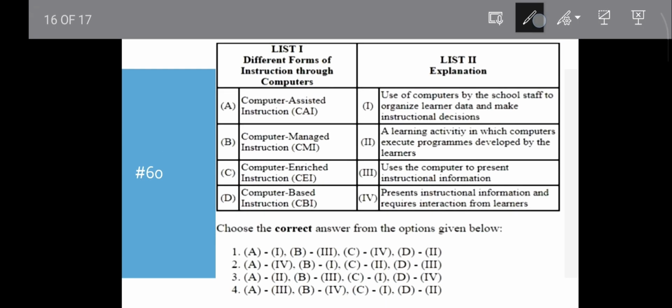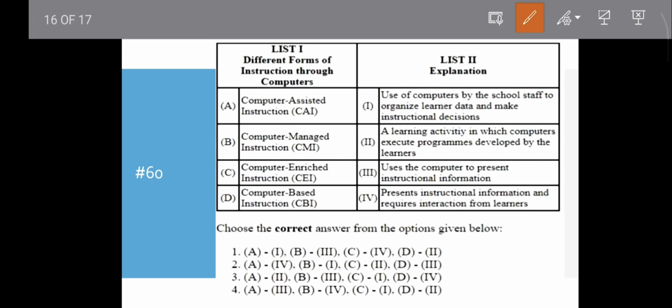Then question number 16, the last question of this 4-part video. Computer assisted instruction, CAI, computer managed instruction, computer enriched instruction, computer based instruction, which will be the correct matching of this question?